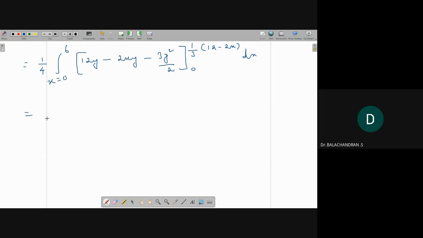So okay, 1 by 4, x is equal to 0 to 6. I think here 12, you are substituting what? Y, yeah. Okay, 12 minus 2x is common. For y I am going to substitute what? 12 minus 2x by 3.